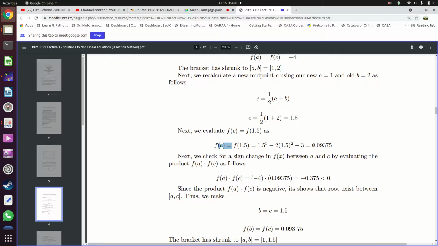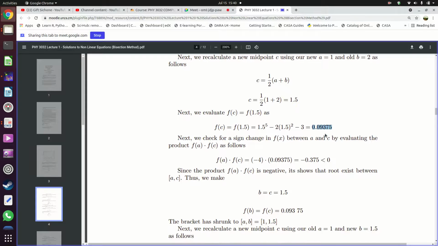This is going to give you 0.09375. That is the value of the function. As you can see, this particular function at f of c is positive. It's 0 point something, but it's greater than 0. Are we clear?